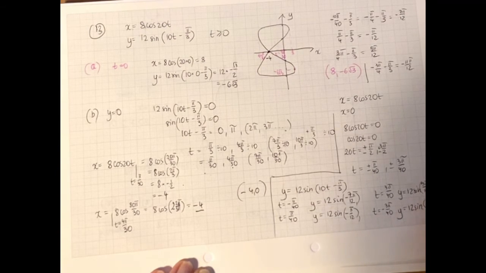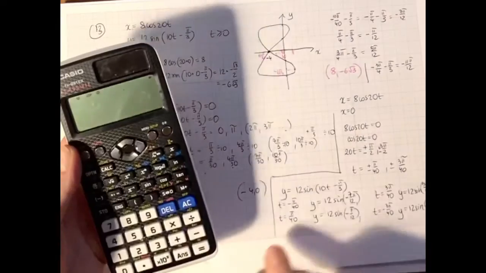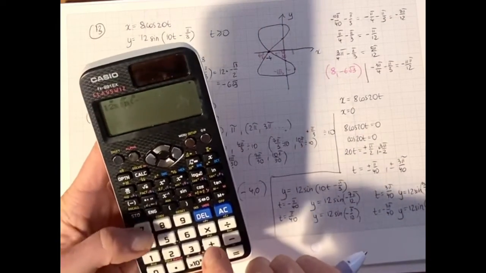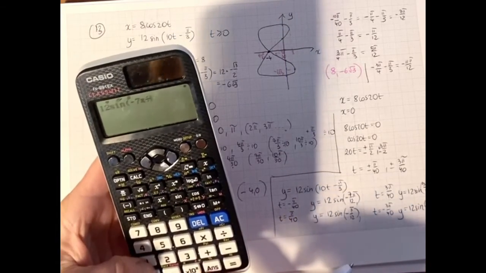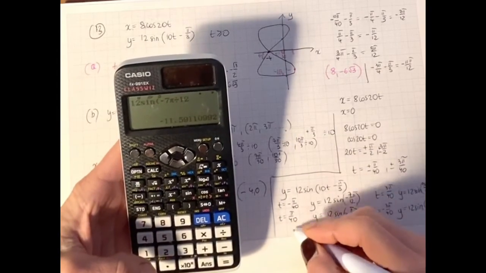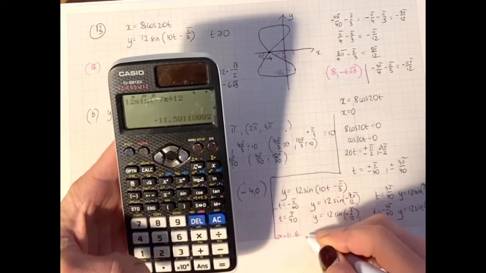So let's use the calculator now to work these out. You're going to get 12 sine minus 7 pi over 12. Okay, so that gives me, the first one is minus 11.6.